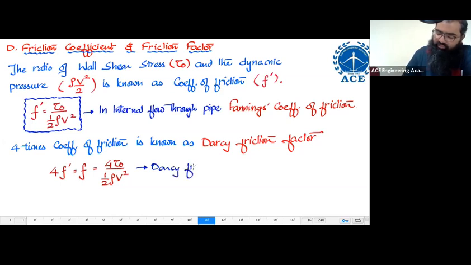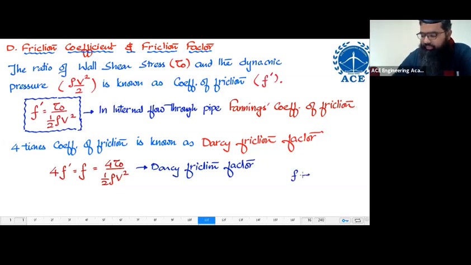Now, listen carefully. I believe especially people from Maharashtra, in their curriculum when they study engineering, do not write F prime. They just write F for Fanning's coefficient, and for Darcy friction factor they write 4F.